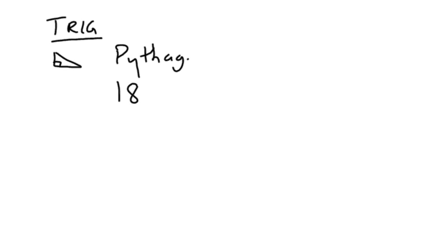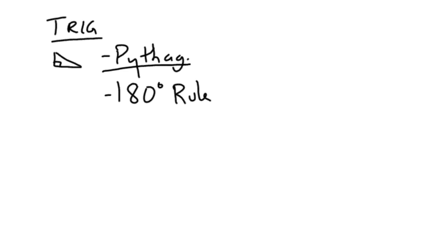Because trig deals with right-angled triangles, what we talked about was we did some Pythagoras review, calculating side length. We reviewed the idea of the 180 rule, I call it, that all the angles in a triangle total 180 degrees. This is review from previous math courses.